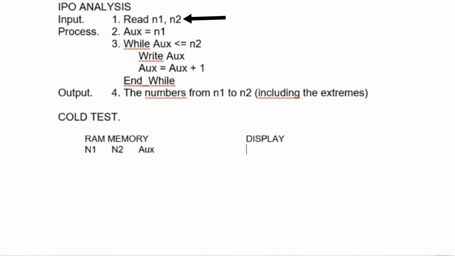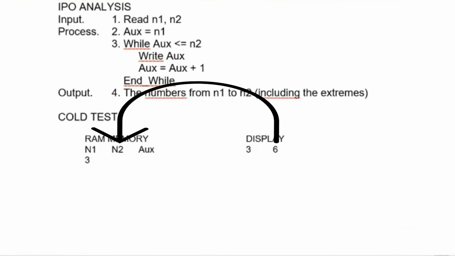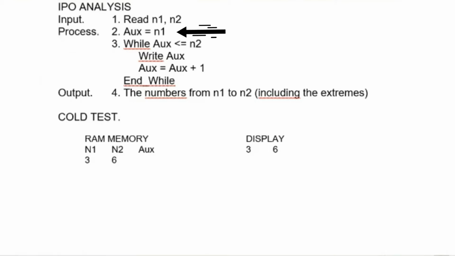That means read one number and store in N1, then read a second number and store in N2. Suppose you read number 3 and number 6. So N1 stores 3, then N2 stores 6. Step number 2, aux is equal to N1. So aux is equal to 3.